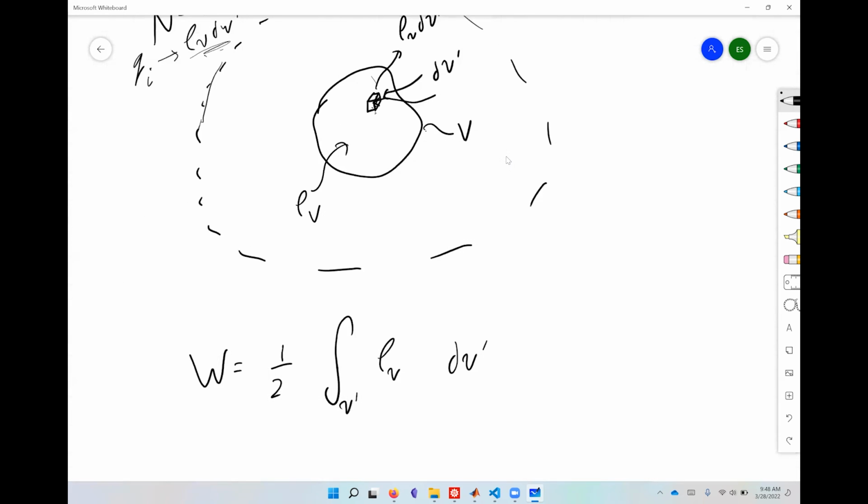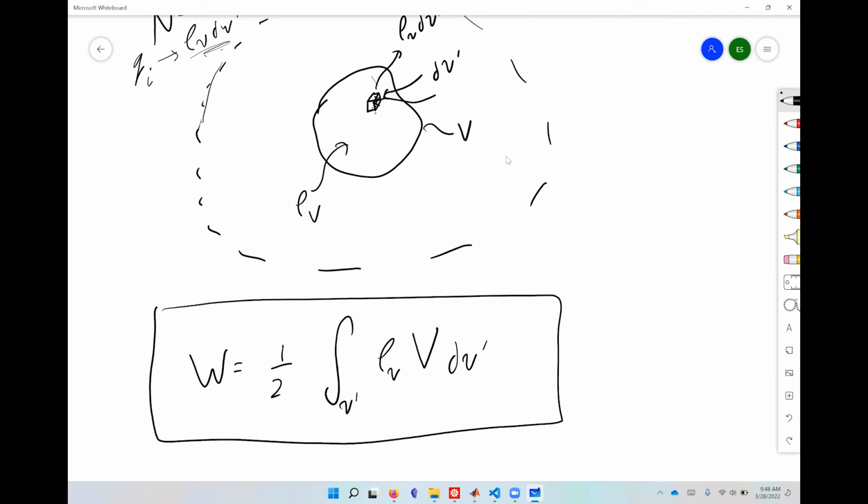So the voltage at this point is really just the voltage of the configuration itself, right? And this is the voltage that you calculate for this configuration. So this is now the integral form of this relationship for a distribution. It's going to be just rho v dv prime, right? So this is for a volume distribution.